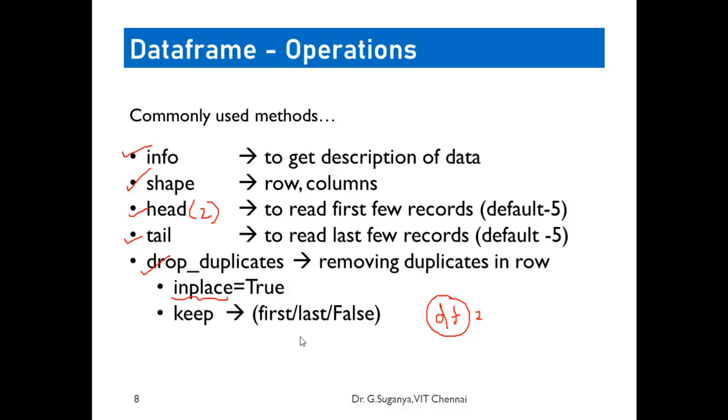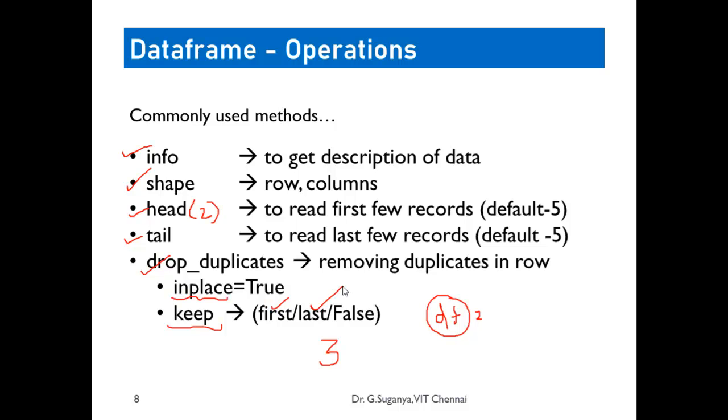Okay. There is one more optional parameter, which is keep. It means whether you want to keep any data after finding out the duplicates. Let's say there are 3 duplicate rows for a particular entity. If you write keep equal to first, it will retain the first row, removing the next 2 rows.